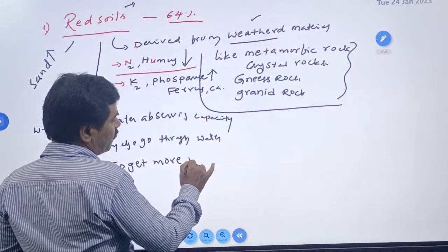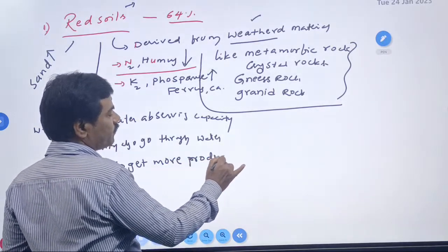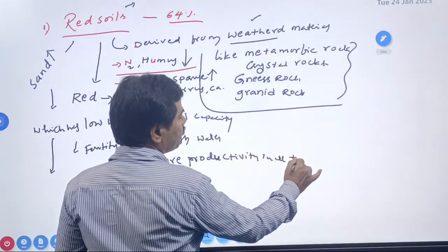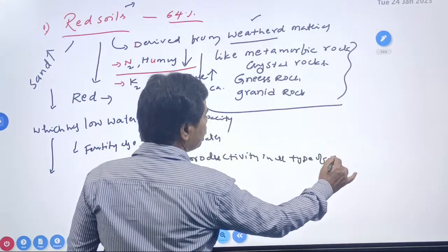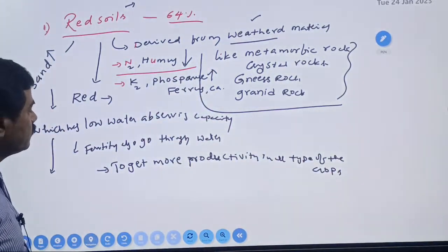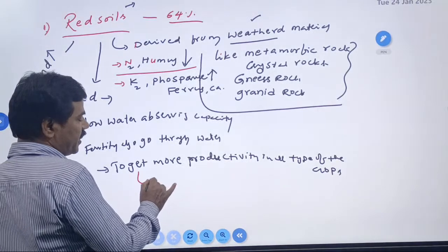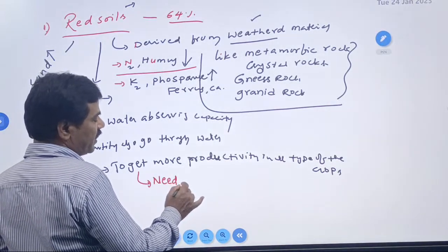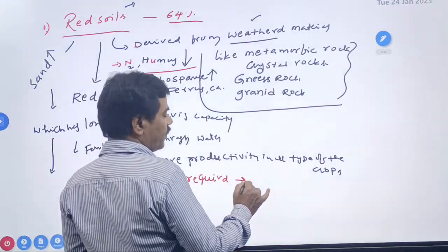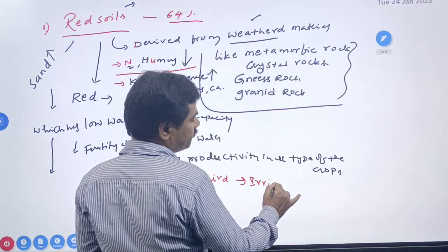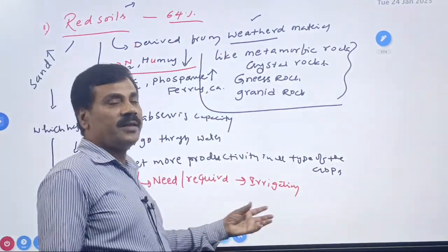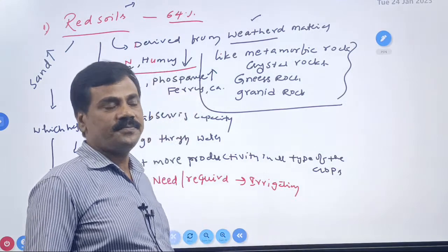To get more productivity in all types of crops, irrigation is compulsory and required: irrigation from wells, canal irrigation, tank irrigation, like that.